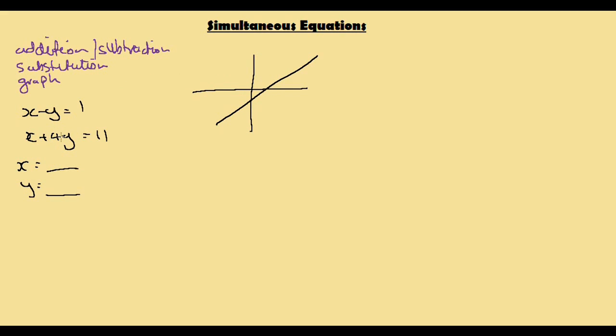But when we add this x plus 4y in, what we end up doing is creating another graph or another line, and these two lines will cross somewhere. Now this is not going to be accurate, but if I just put another line in there, the two lines are crossing just here, and where they cross is actually going to be the solution.